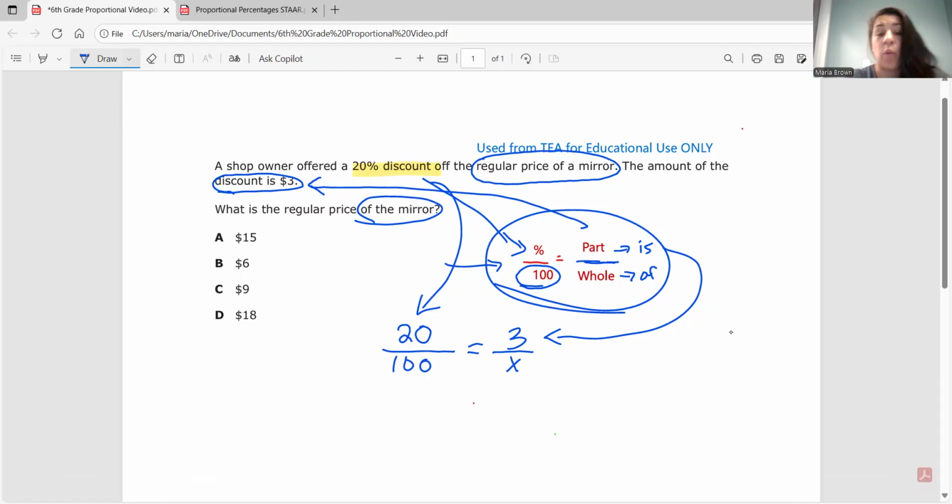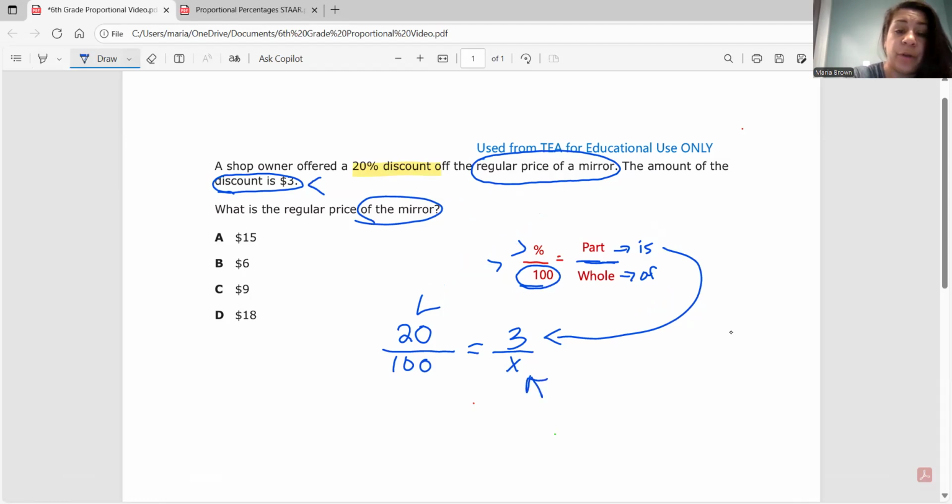That's why we had to plug in x right here. I'm going to get rid of all these arrows for you so they're not distracting. Here we go, we have our problem set up. We are looking for the whole, again, because we have a discounted price, which is a part of the entire price.